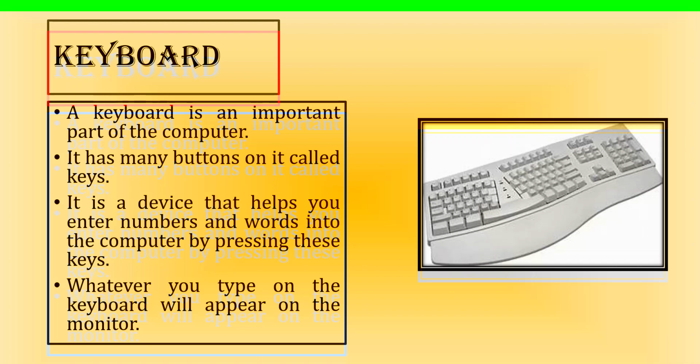You can use the sound buttons to increase the sound, plus minus button. And here for the numbers you can use 0, here the dot button. Here you can also use the enter button.